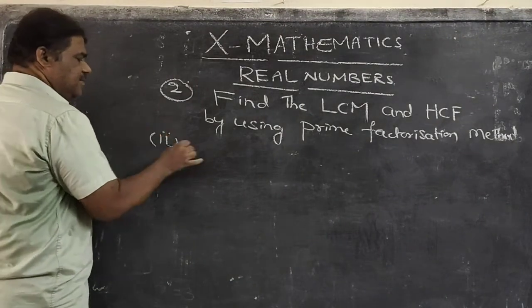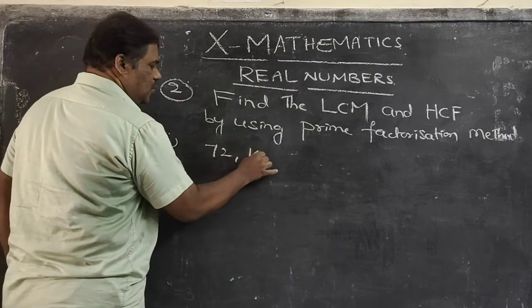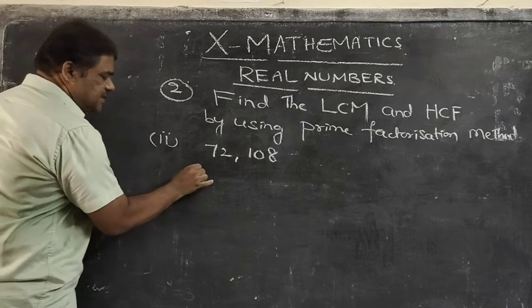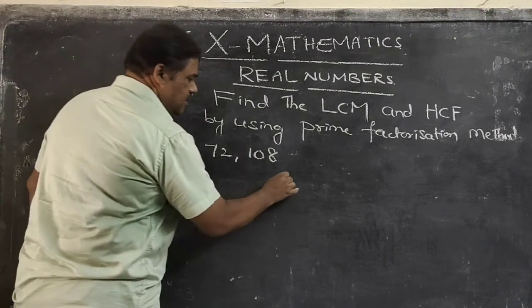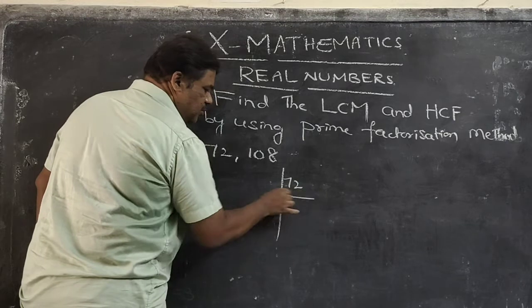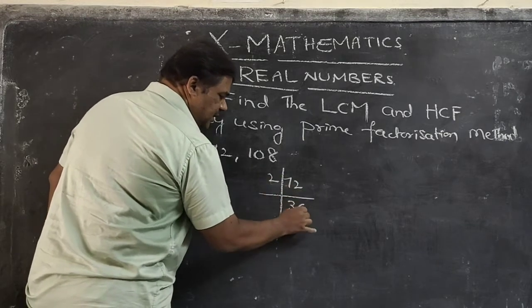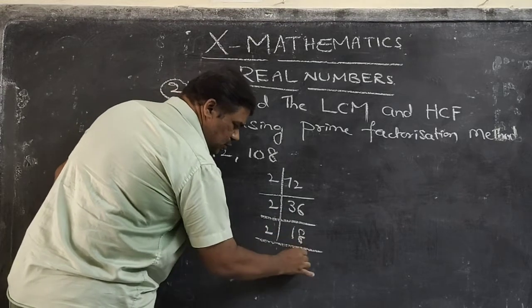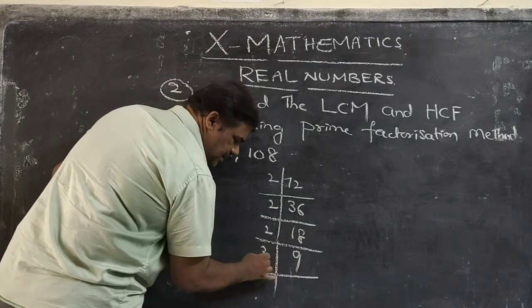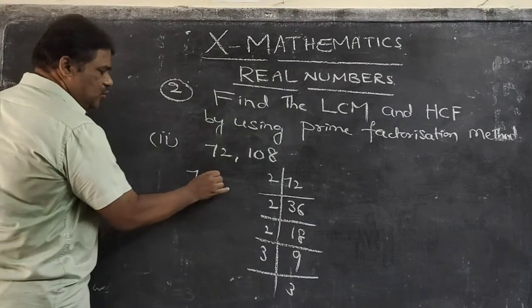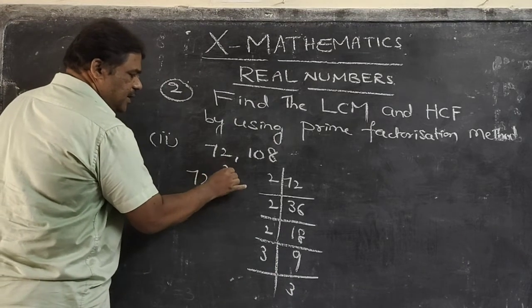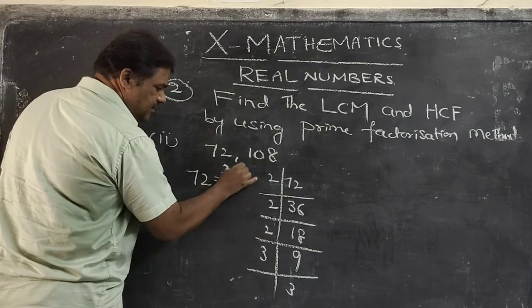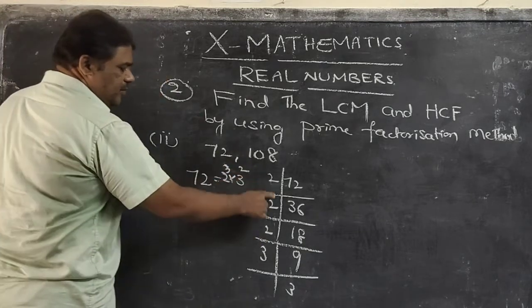Write the second one. 72, 108. First let us take prime factors of 72. 72 factors we have to take. 2 36s, 2 18s, 2 9s, 3 3s. So 72 means we will get 2 cube into 3 square. 2 we got 3 times.